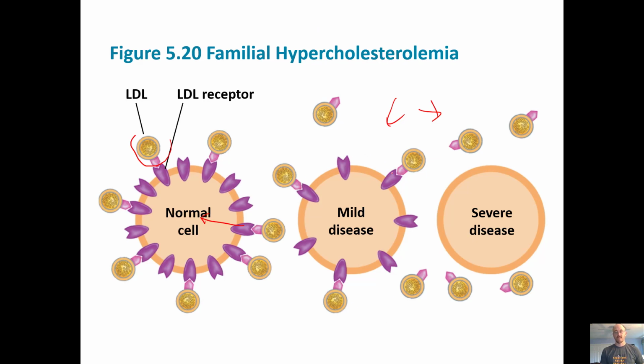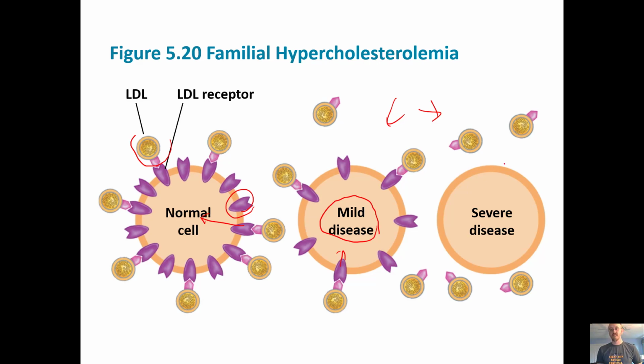where we have very few of those receptors. And in that case, we bring in cholesterol, but we don't bring as much in as someone that has more receptors. So we have a mild form of this disease, which causes lipids to build up in our arteries, and we end up having high blood levels of LDL, and it eventually leads to heart disease.